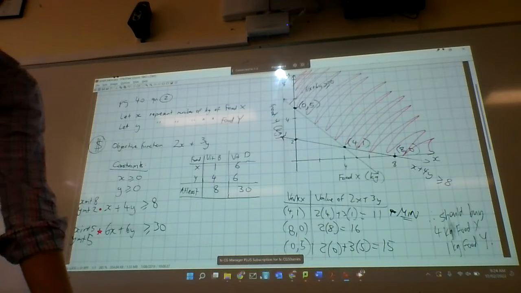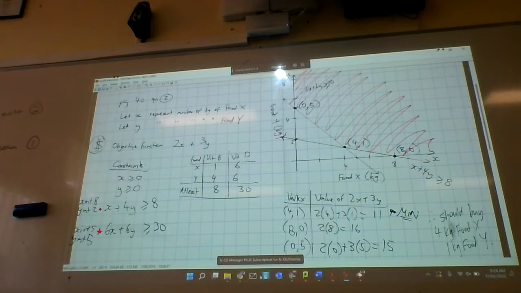Have we been given any information about the vitamin content? Not really. Yes, we have in that green table. Check it out. We know that for every bag of food X, you're going to get 1 unit of vitamin B and 6 units of vitamin D. So this question is asking, can you use that information in the question?